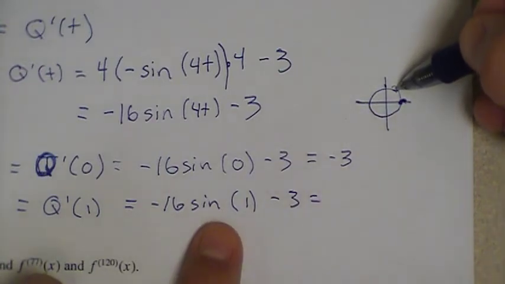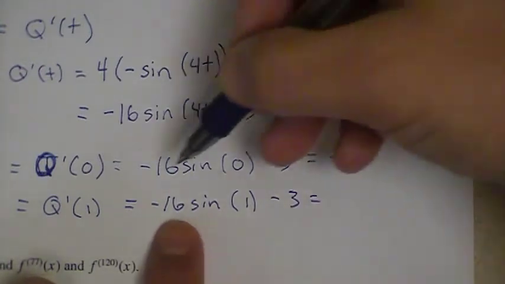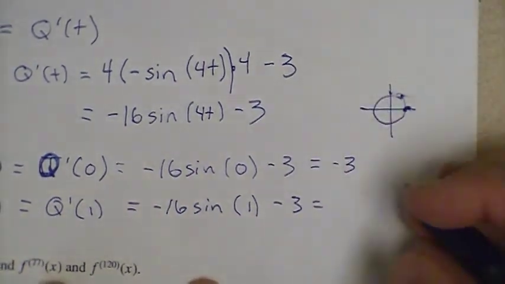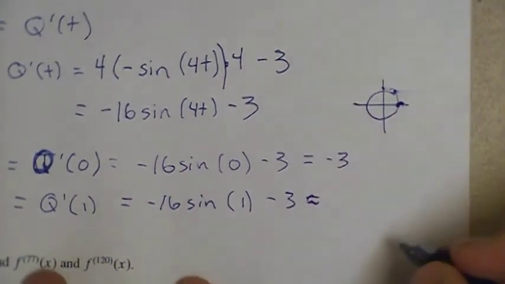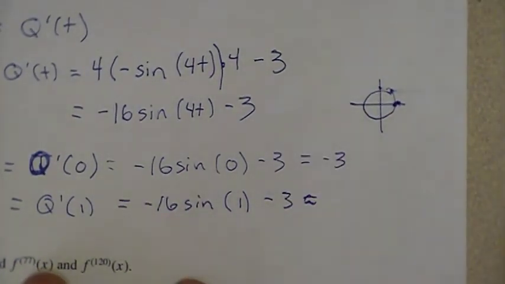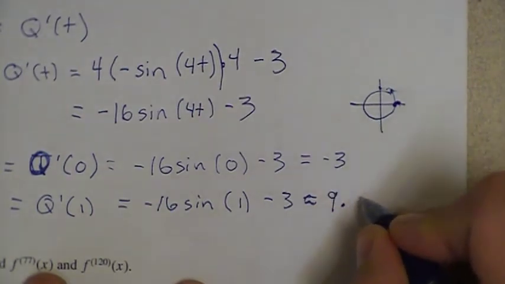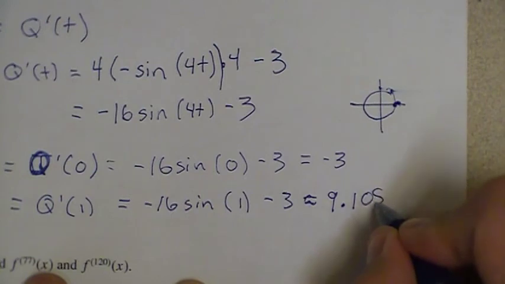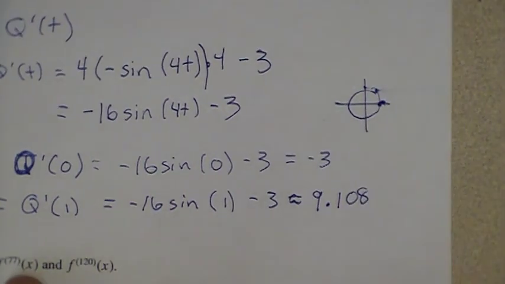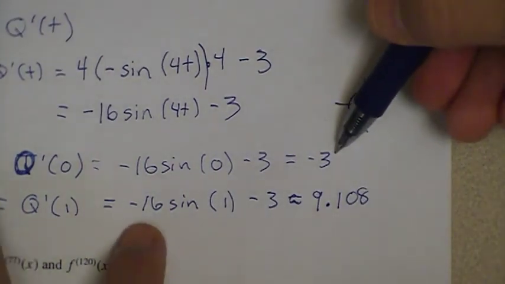We're not going to be able to use the unit circle to evaluate this. This would be something you'd want to evaluate on the calculator, and it can be estimated to be just a little bit above 9. When I did this a couple minutes ago, I got 9.108 amps.